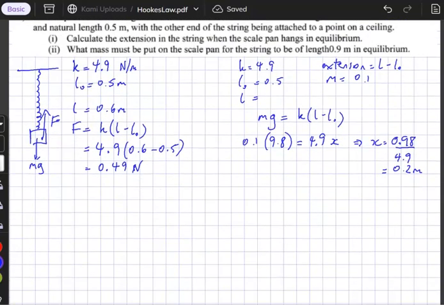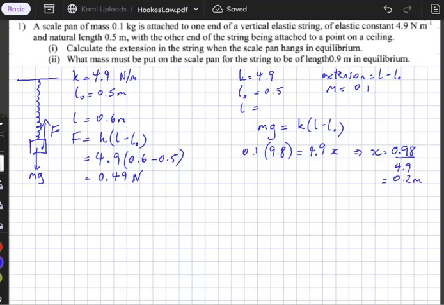Okay, so if we want the length to be 0.9, this is part 2. We know that K is equal to 4.9. We want the length to be 0.9. Its original length was 0.5. The mass of this object is 0.1.